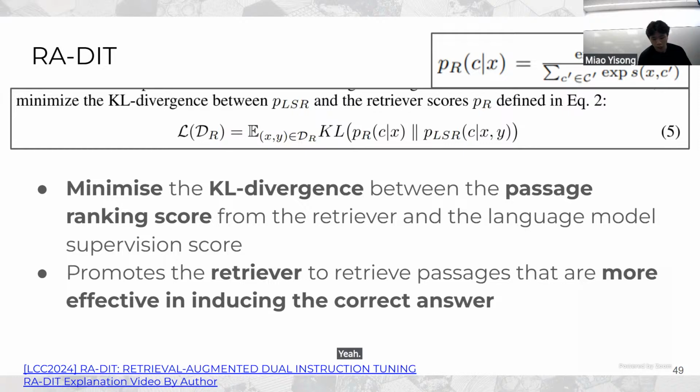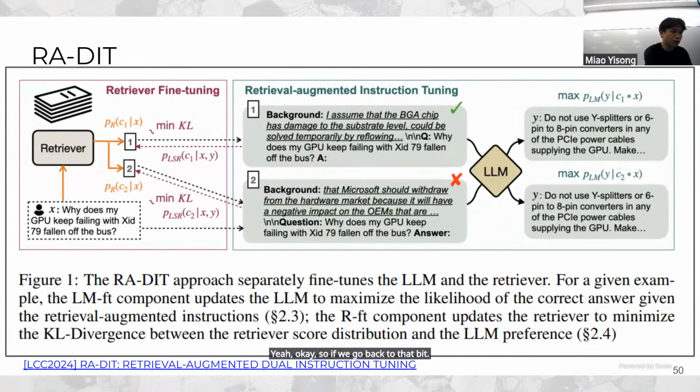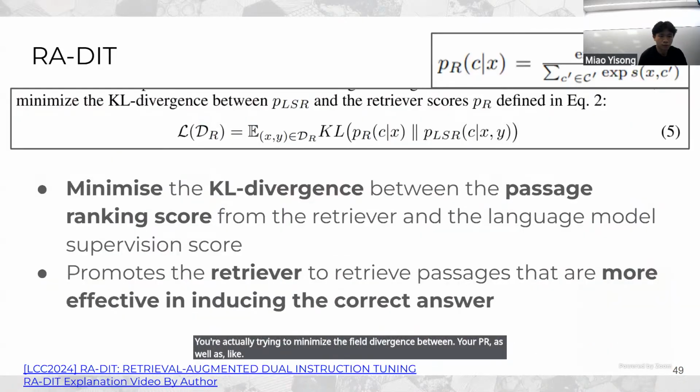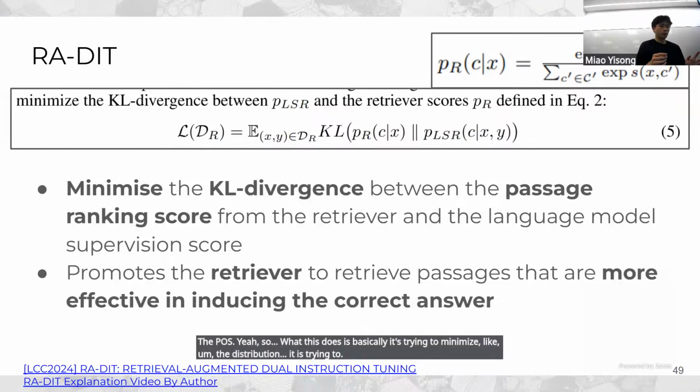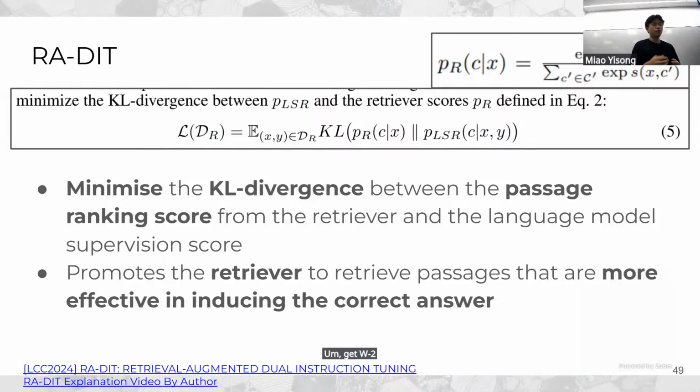Okay, so if we go back to this part, you can see that you try to minimize the KL divergence between your PR as well as your PRM, the PRSL. What this does is basically try to minimize the distribution difference. It's trying to get the retriever to retrieve passages that are more effective in producing the correct answer.